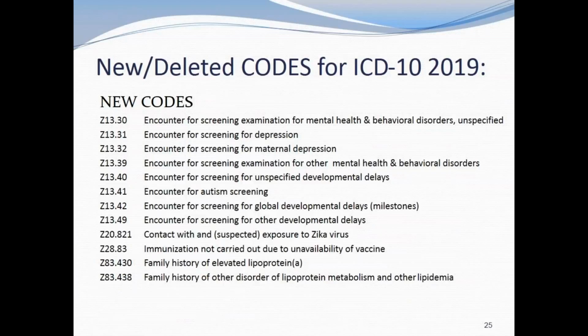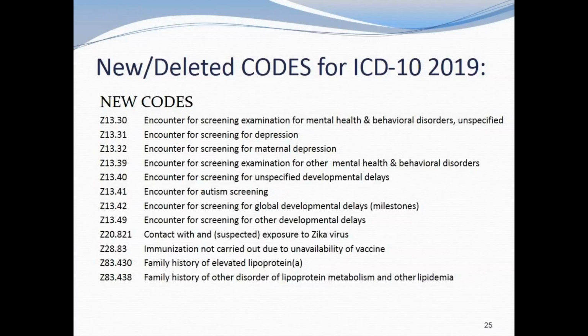I'll give you a few more of the new codes that have come up. This is Z13.30 all the way to 39, although it does skip a few, because it goes to 32 and then stops and then goes to 39. I guess they leave those there in case they find other stuff. I don't understand that, but they do. I've labeled all of this out here so that you all can see it. There's also something you might be interested in, which is the encounter for autism screening. That's out there.